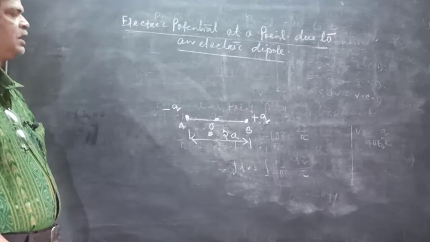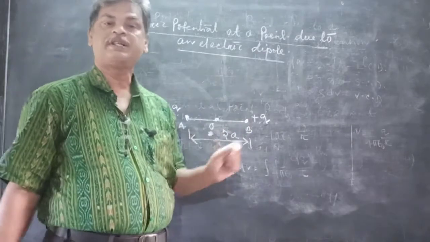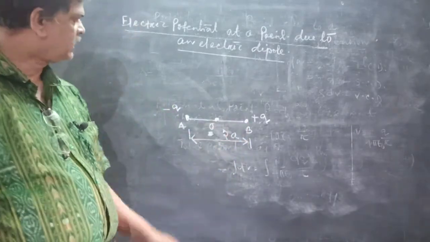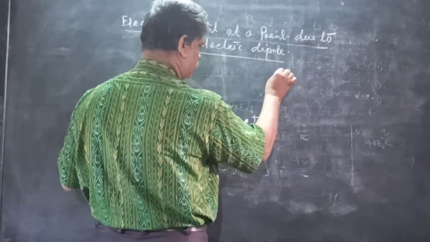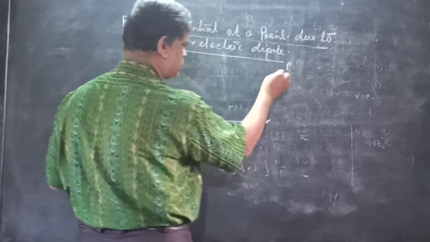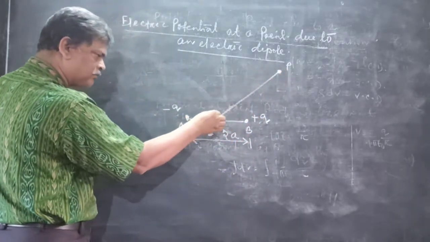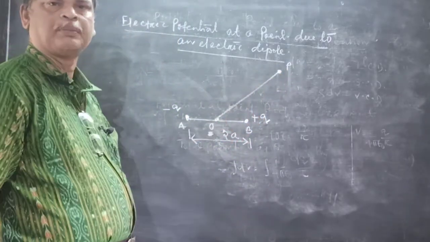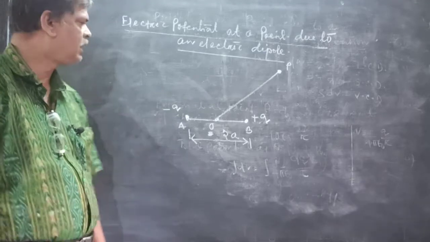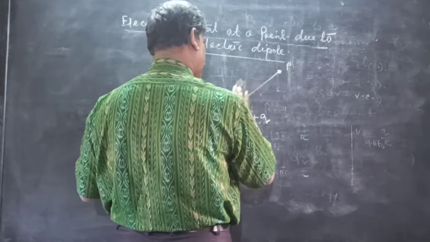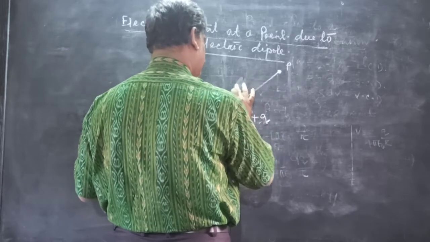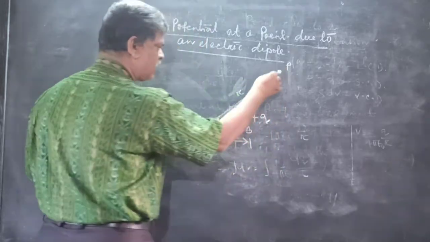Now to find the potential at a point due to this dipole, let P be the point of observation, which is at a distance r from the center of the dipole. P is at any position, and its position vector let it be r vector, but the magnitude is r.